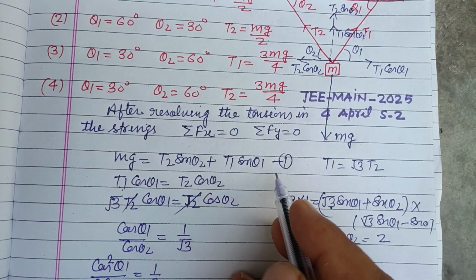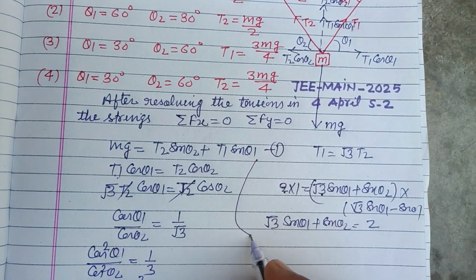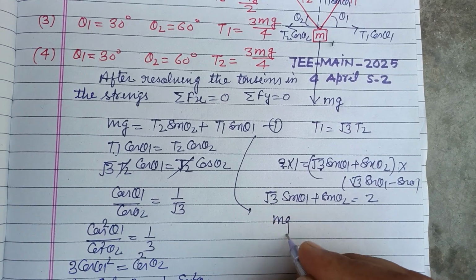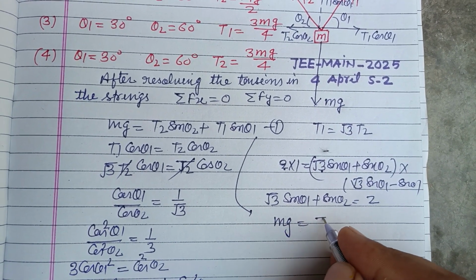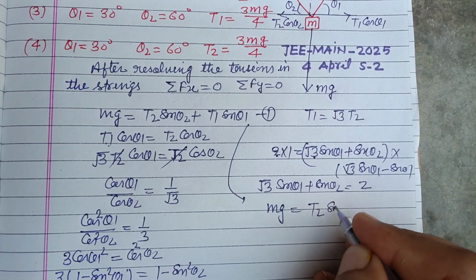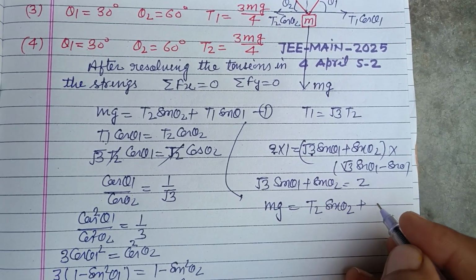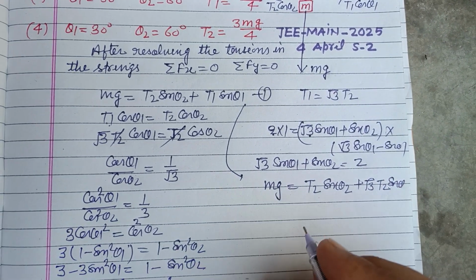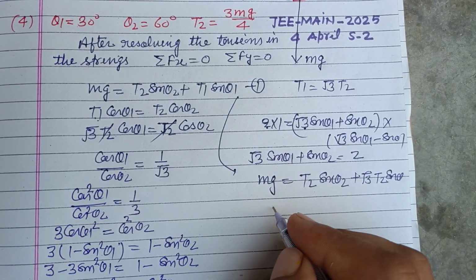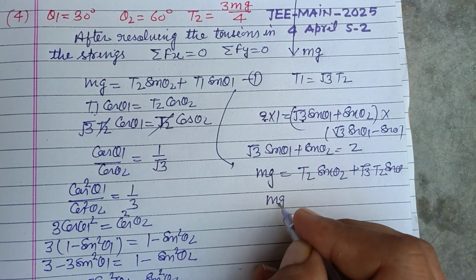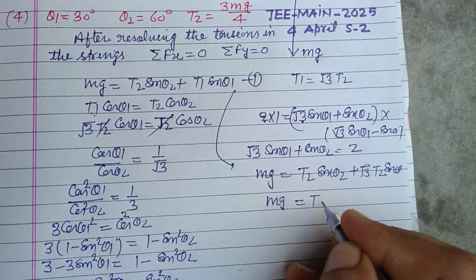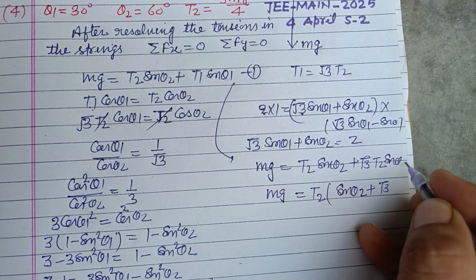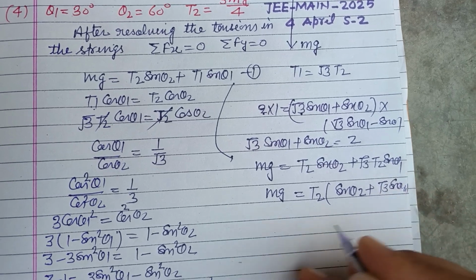Okay, now using the first equation, we have mg equal to T2 sin theta 2 plus T1, which is under root 3 T2, sin theta 1. So T2 is common, therefore mg equal to T2 times (sin theta 2 plus under root 3 sin theta 1).